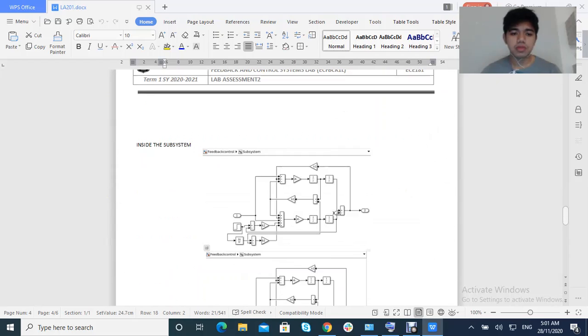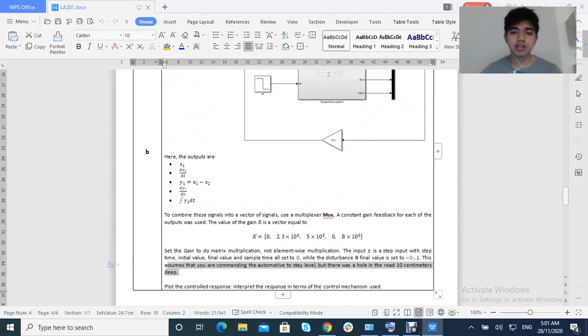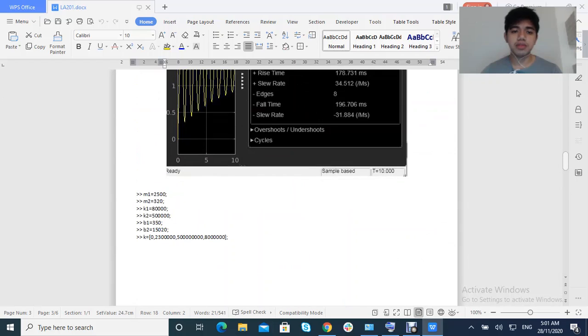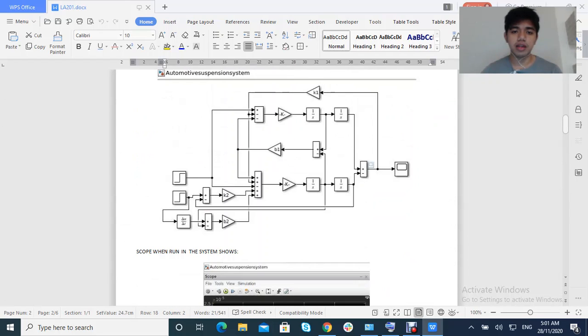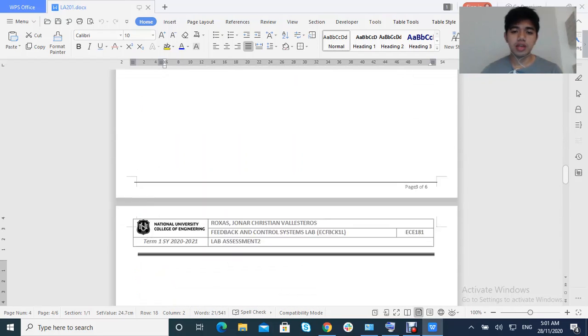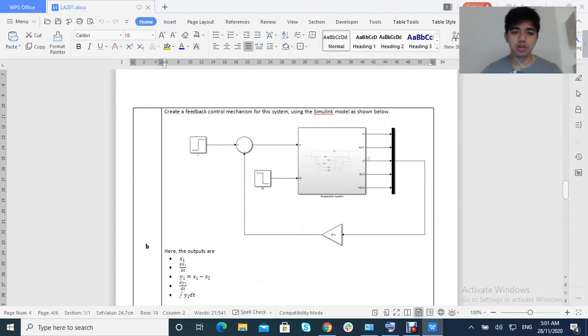Okay, so as you can see here, inside the subsystem, what we will use is the first system that we made right here. As long as you managed to make an automotive suspension system, you can use it inside the feedback control mechanism.